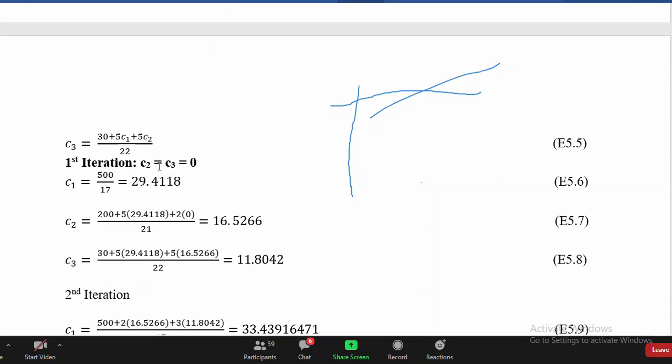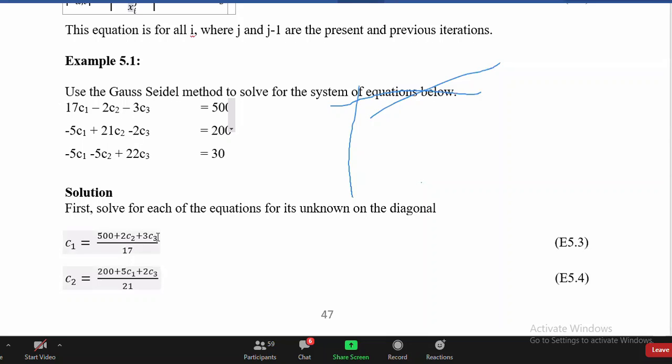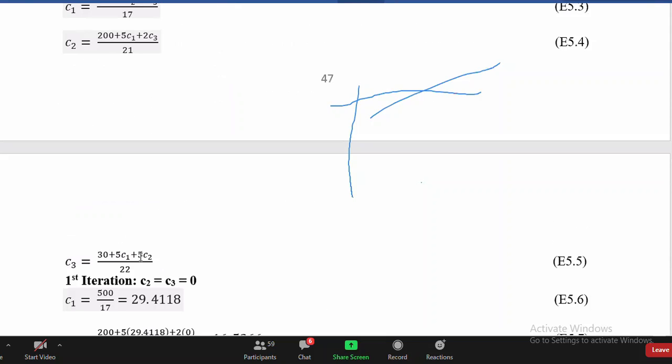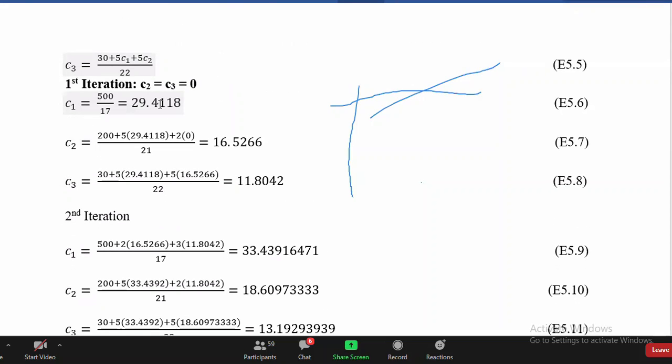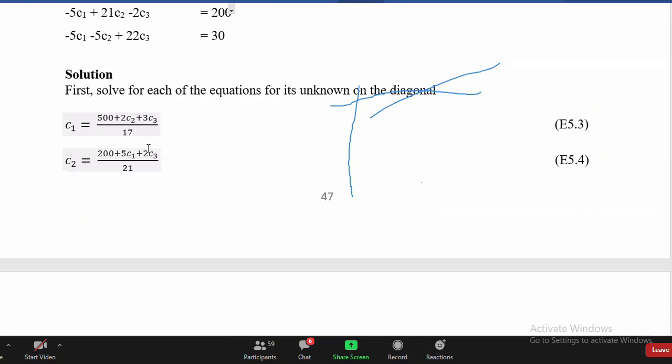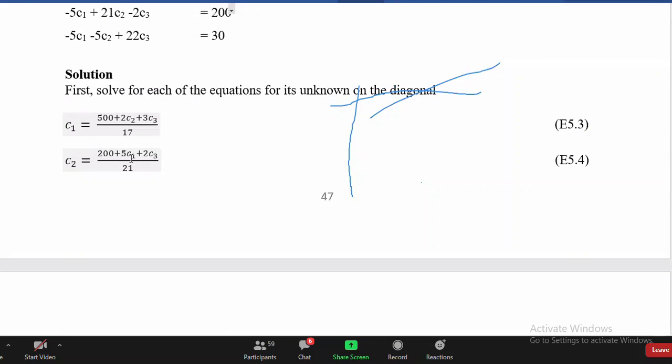As we say, first iteration, all is 0. If we substitute 0 for c2 and c3, you have 500 over 17, which is 29.4118. Then we quickly substitute this one to calculate c2. This is the equation for c2.